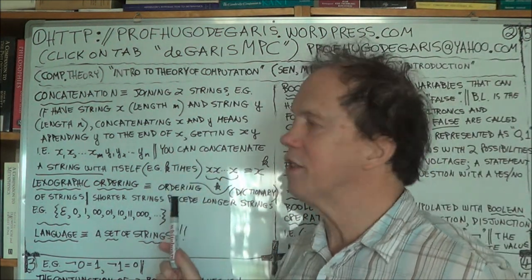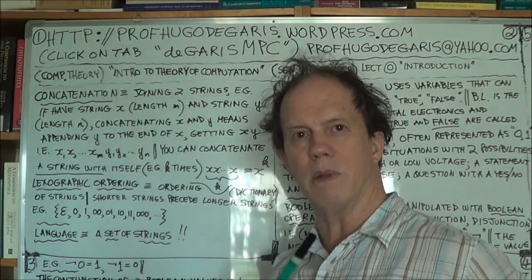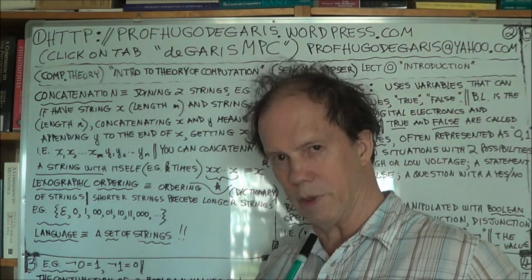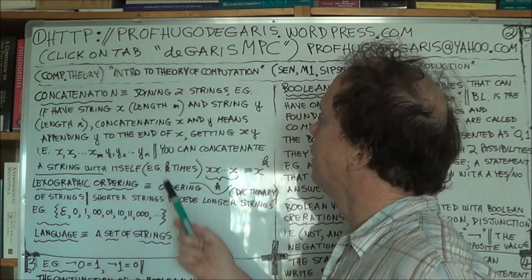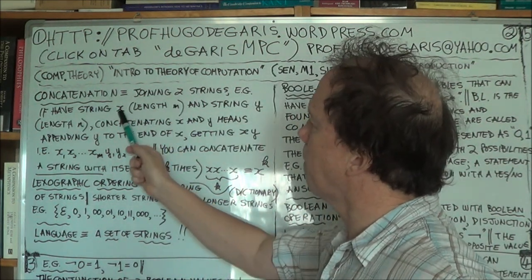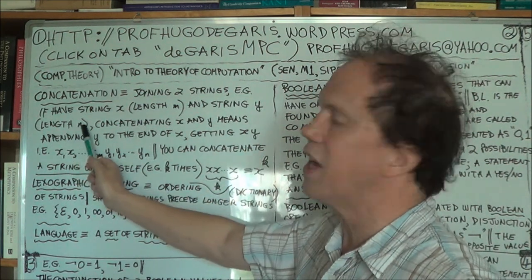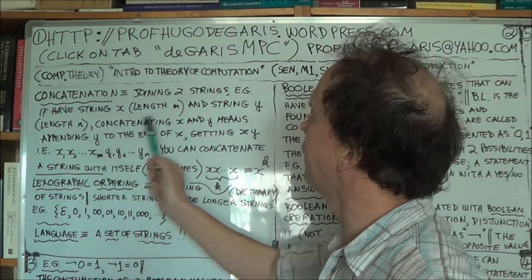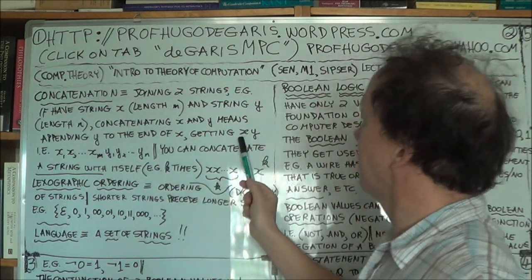That concatenated string? Well, if your first string X has length M, and remember the length of the string, what does that mean? It's just the number of symbols used in the sequence. So say you have M of them for string X, then you have a second string Y, and let's say its length is N. And you concatenate the two of them, so you'll get a string XY.